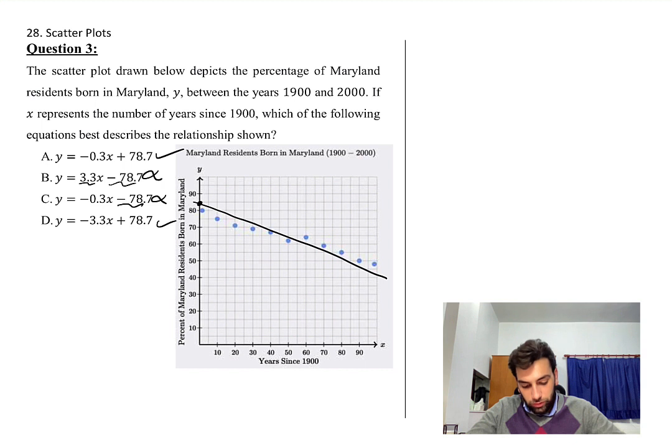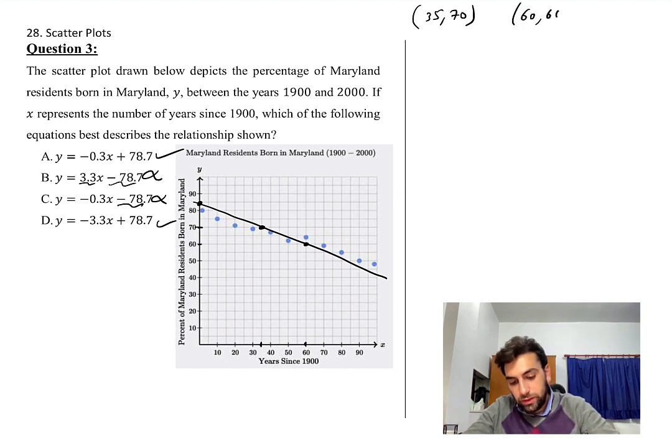Take any 2 points on this straight line. Let's take this one, for example, which is the point 35 and 70. So 35, 70. Take another point, for example, this point, which is at 60 and 60 at the same time. So the point 60, 60.